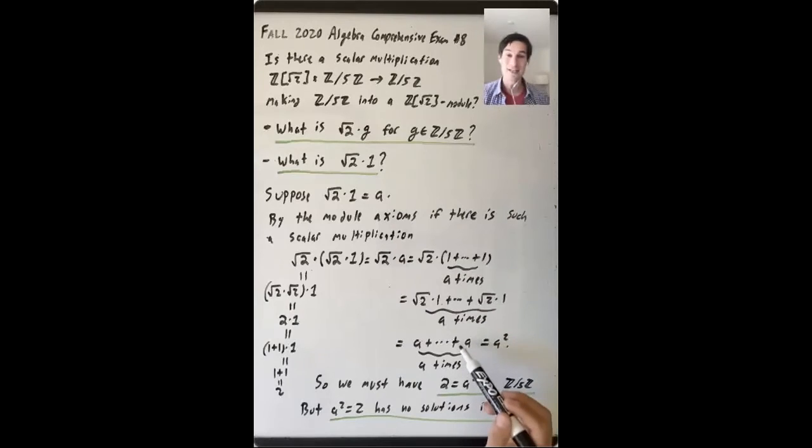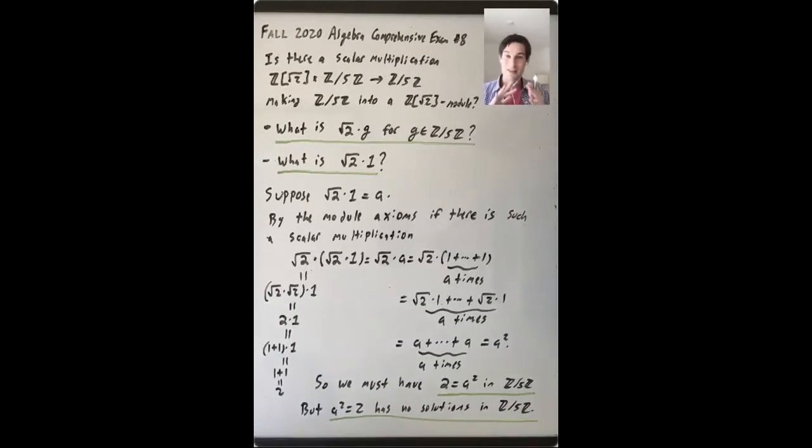And what is that in Z mod 5Z? That's A times A, A squared in this ring Z mod 5Z. If you think of A as being represented by some integer in that equivalence class, it's whatever the class is of the integer A squared.